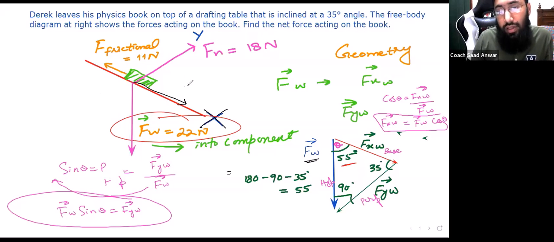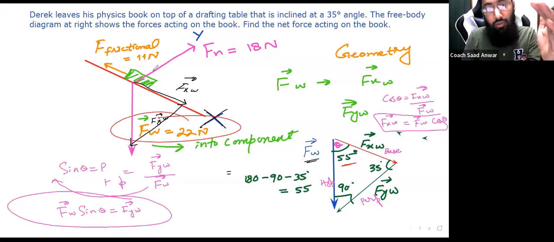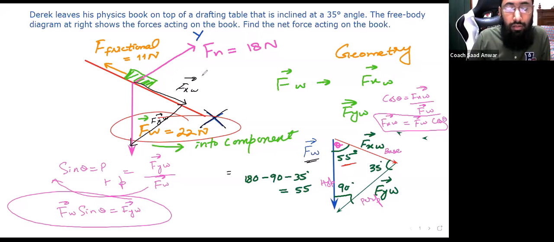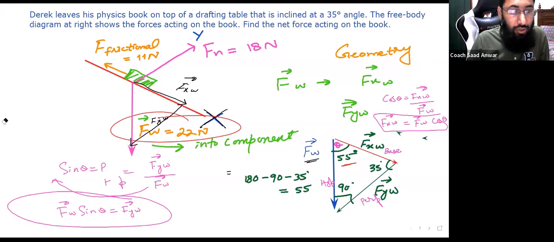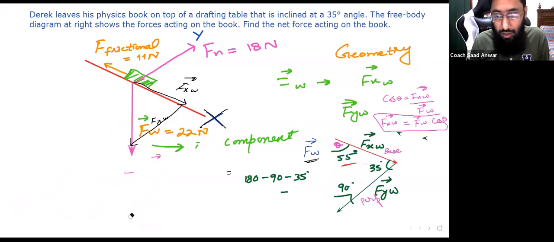And here the x component is Fxw, while the y component is Fyw, parallel to this one. I need to erase a few things to get space for my writing.